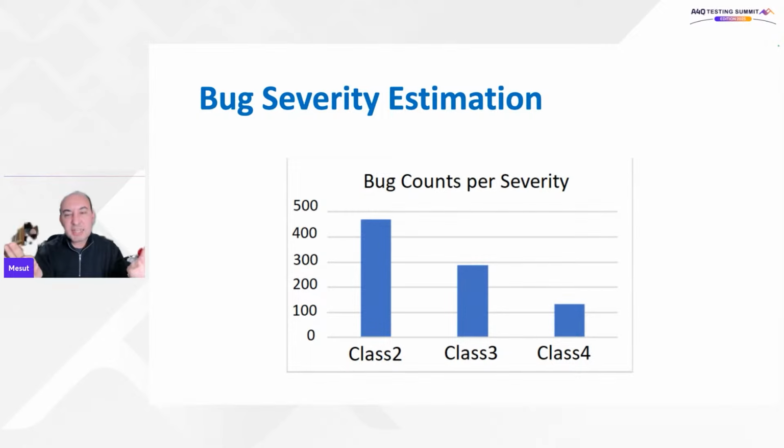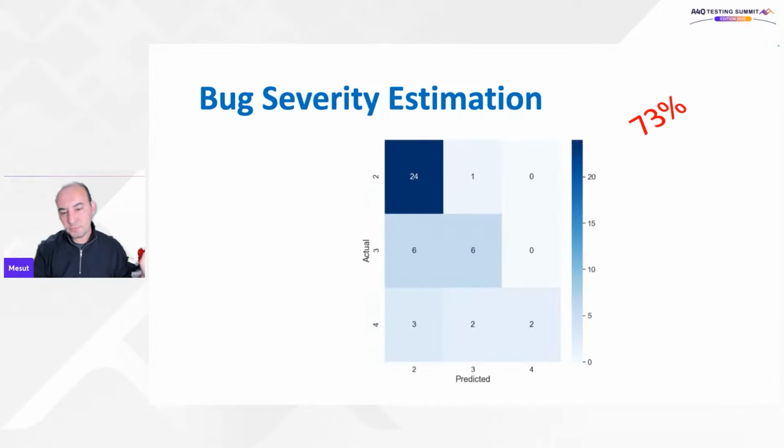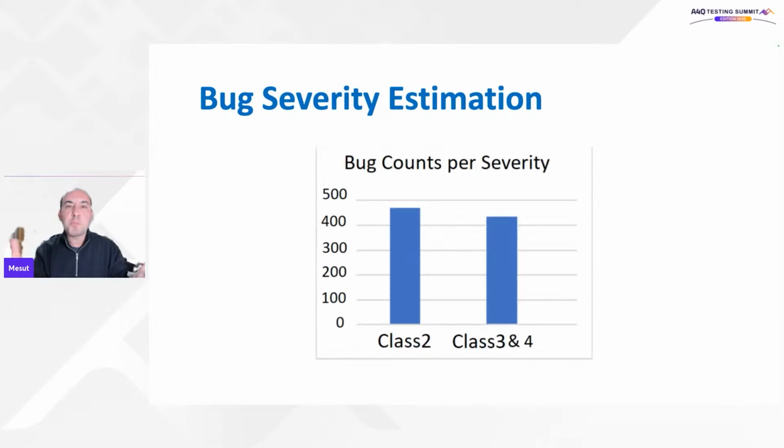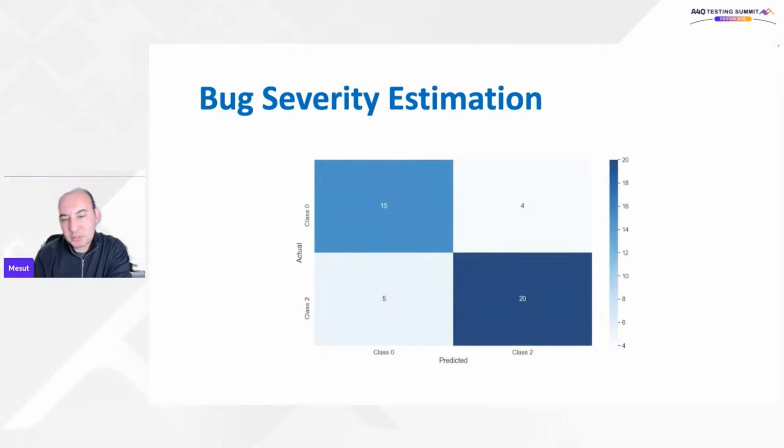So deciding if a bug is in the first class or not, meaning all the others, is an important decision for me. So let's merge all the others. So in this case, it will be much more balanced, right? There is not a big bias anymore. So in this case, the accuracy rate now is 82%.